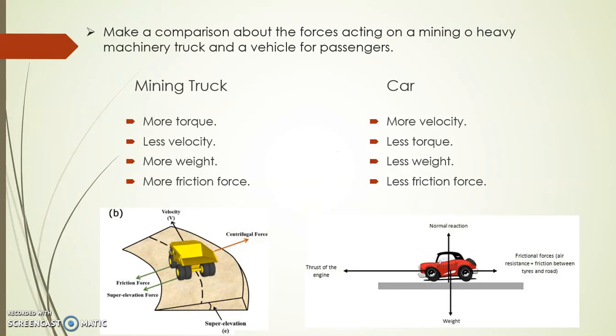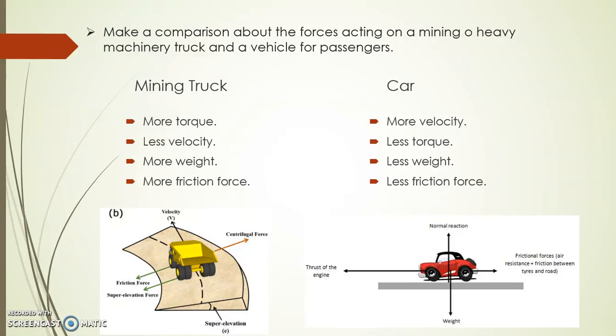Make a comparison of the forces acting on a mining truck, a heavy machinery truck, and a vehicle for passengers. In a mining truck, we need more torque because the mining truck carries a lot of heavy material, and it doesn't need much velocity.